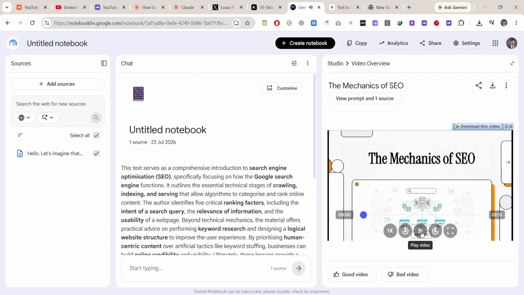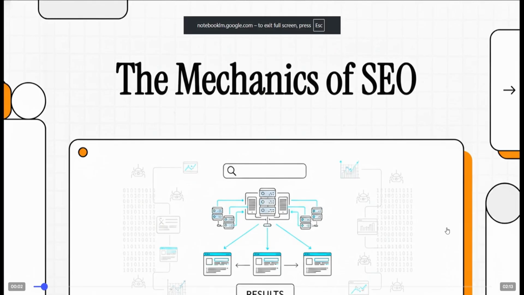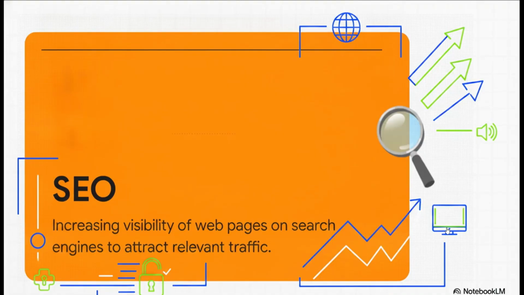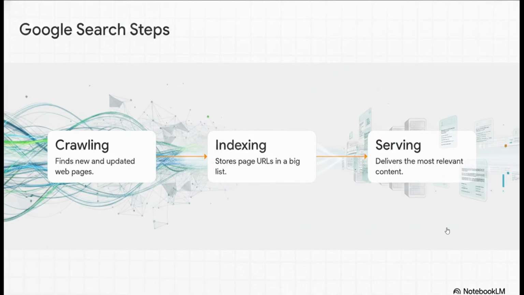Welcome to the Explainer. Today, we're pulling back the curtain on exactly how search engines operate. Let's dive in. So how does a great website avoid getting completely lost among billions of others out there? The answer is SEO. It's your ultimate tool to expand brand exposure and build real credibility online. Google organizes the entire internet using a simple three-step process: crawling, indexing, and serving.